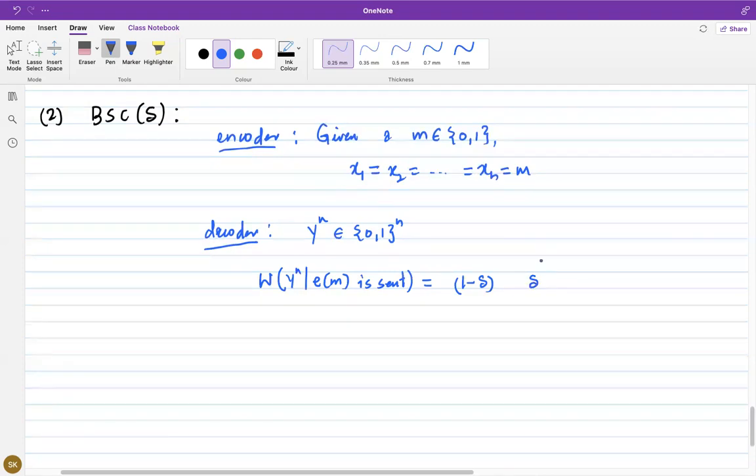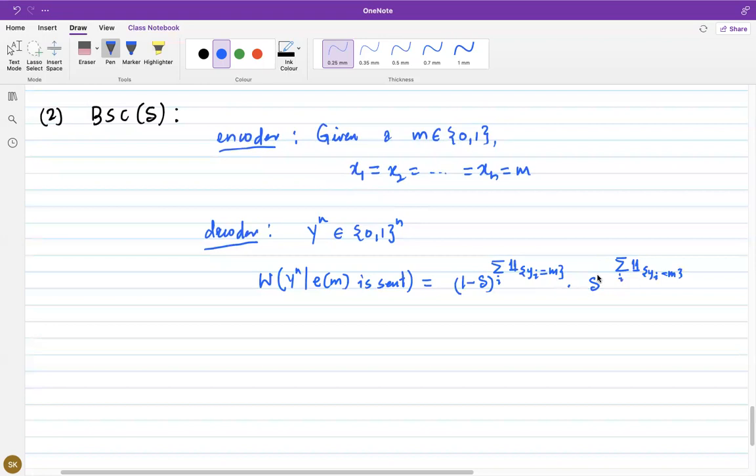So the number of times you actually find things equal and you don't flip is given by this quantity, the summation of the indicator random variables of Y_i equal to m, and delta to the power of 1 minus that.